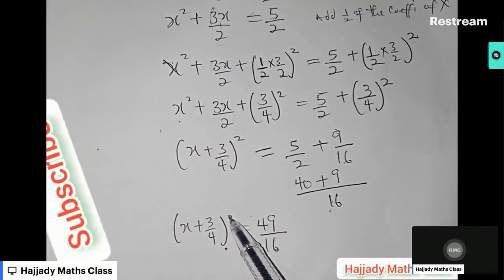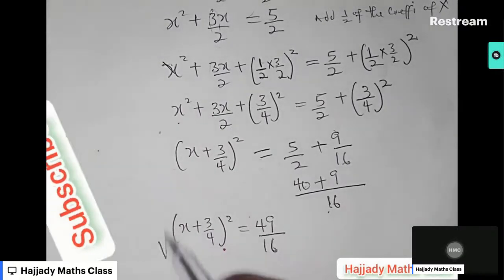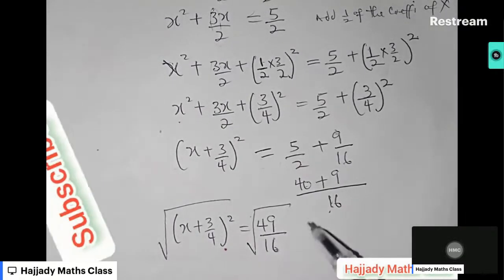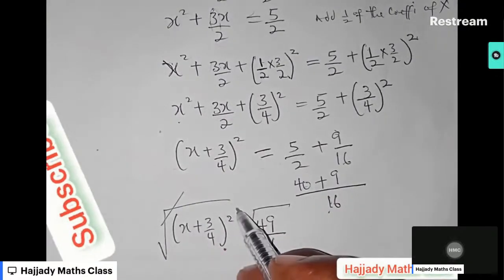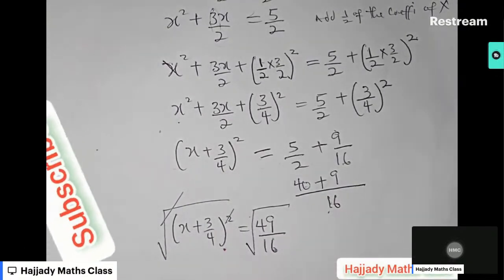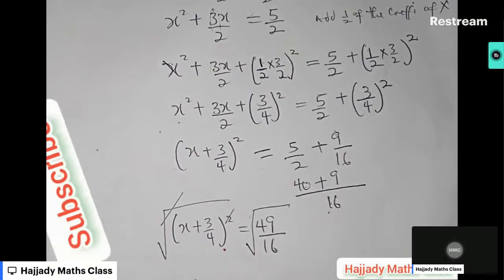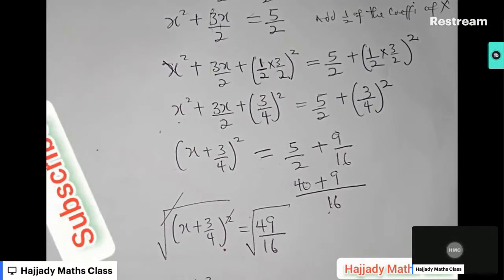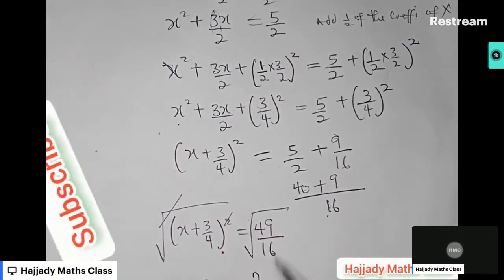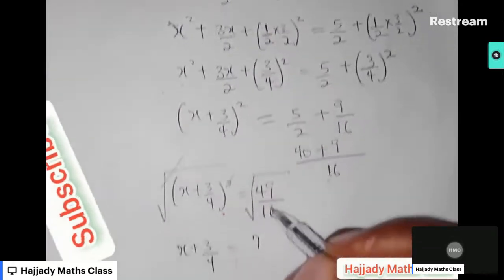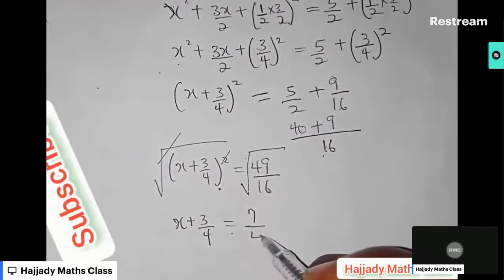So square root both sides, we have the square root cancelling out the square. So the left hand side will remain x plus 3 over 4 equals the square root of 49, which is 7. The square root of 16 is 4.